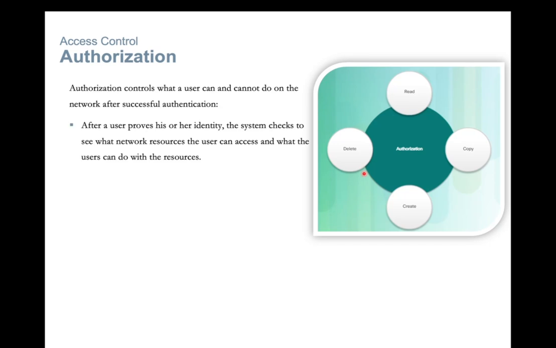Authorization uses a set of attributes that describe the user's access to the network. The system compares these attributes to the information contained within the authentication database and determines a set of restrictions for that user and delivers it to the local router where the user is connected.